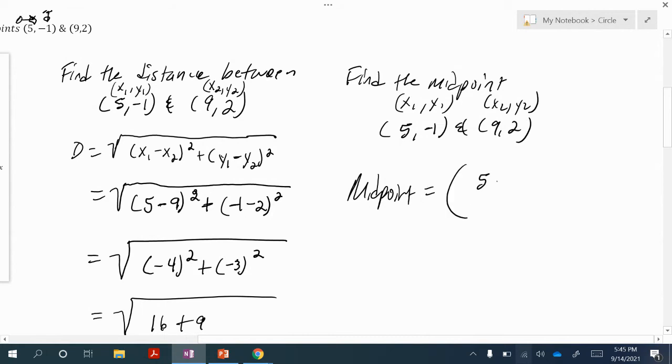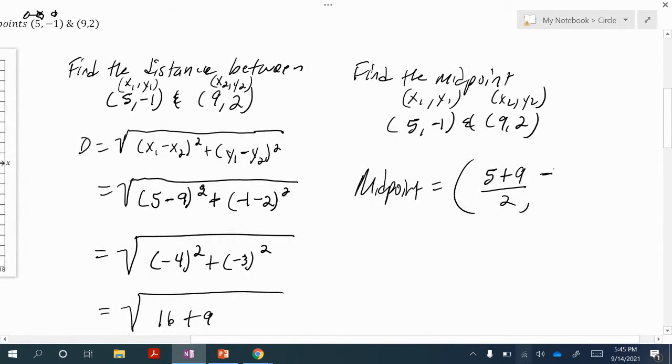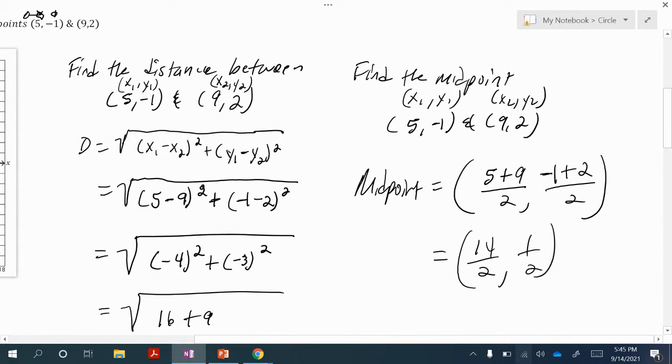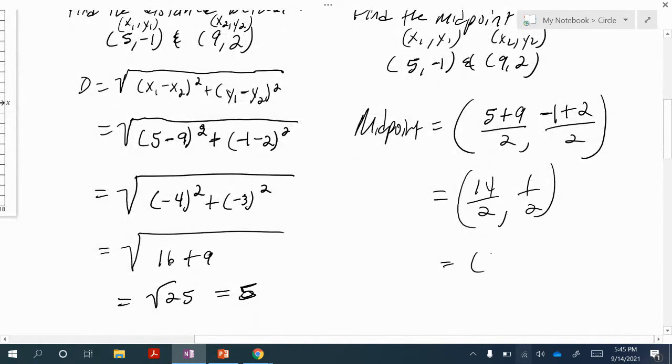So we have x sub 1, which is 5, plus x sub 2, which is 9, divided by 2, comma, y sub 1, which is negative 1, plus y sub 2, which is 2, divided by 2. We have 14 over 2, comma, 1 half, which gives us 7 comma 1 half.